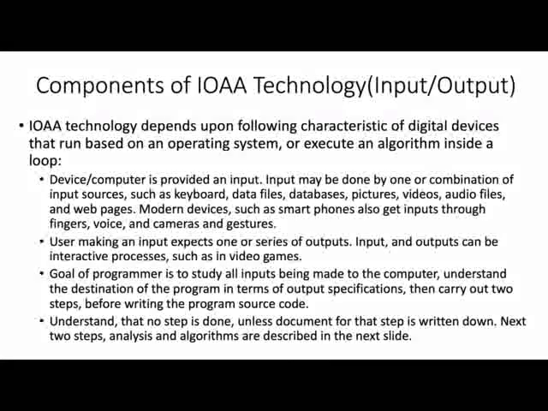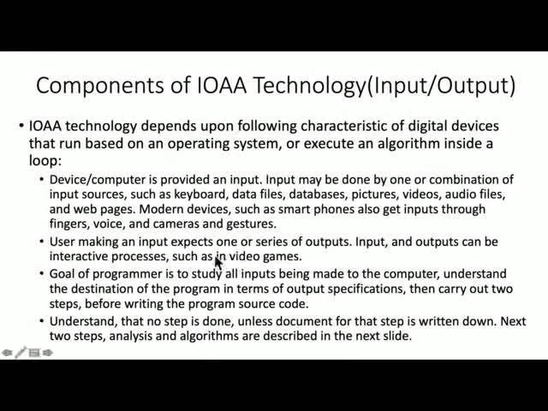Input and output can be interactive processes, such as in video games. You're constantly giving input and getting an output right away. So the goal of the programmer is to study all inputs being made to the computer in a program, understand the destination of the program in terms of output specifications, like, okay, so I made input, what output am I going to be expecting or getting, and then carry out two steps before writing the program source code.